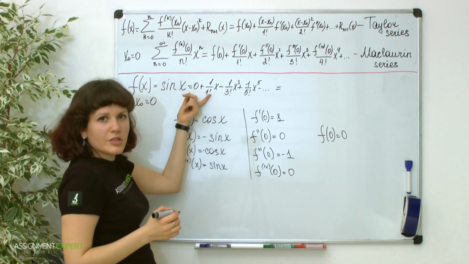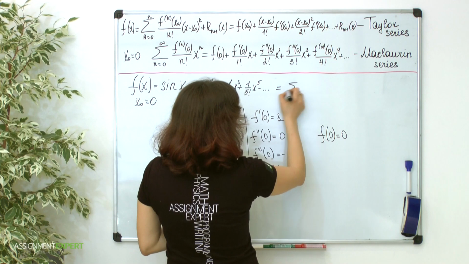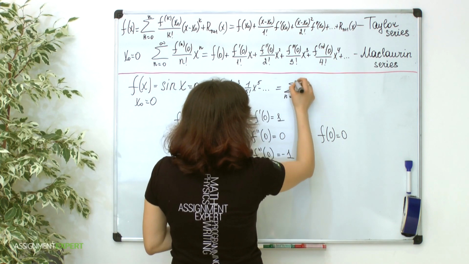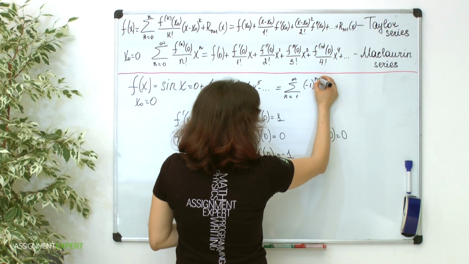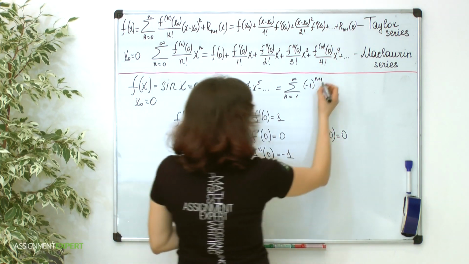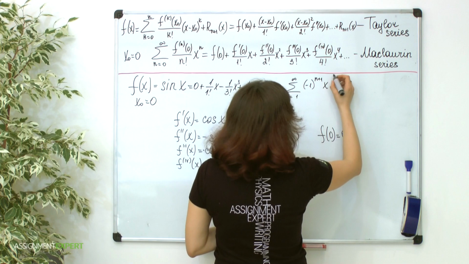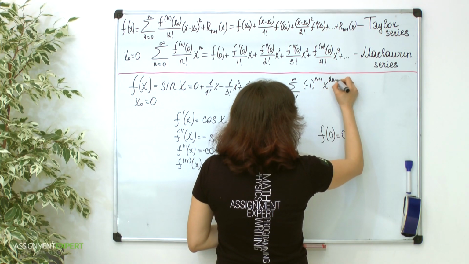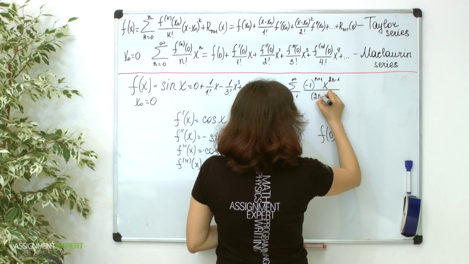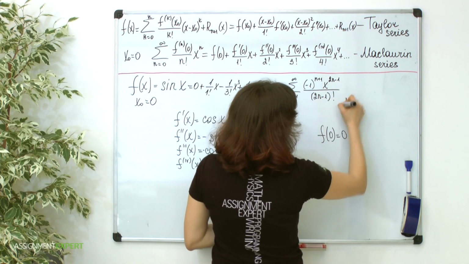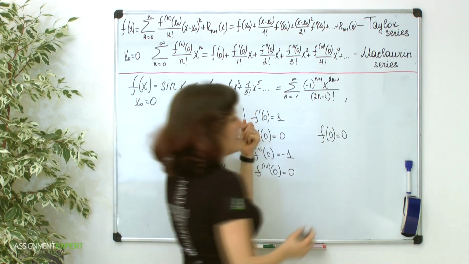Or in compact sigma notation, that is equal to summing from 1 to infinity, -1 raised to the power n plus 1 times x raised to the power 2n minus 1 over 2n minus 1 factorial, and it holds for any real x.